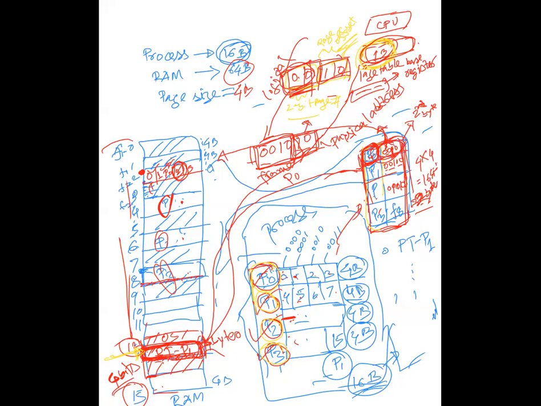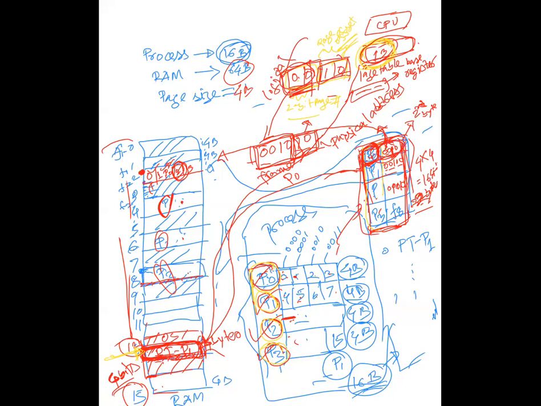Then this page table should be inside your computer memory. From here the CPU gets the page table base address and figures out which page it is trying to execute.